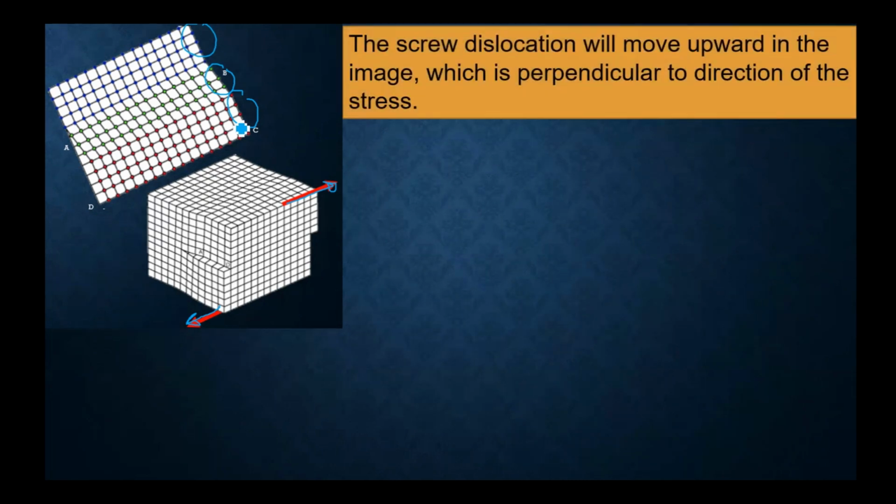In screw dislocation, the screw dislocation will move upward in the image, which is perpendicular to the direction of stress. So if this is the direction of stress, the screw dislocation is essentially moving in this direction, which is perpendicular to the direction of stress.